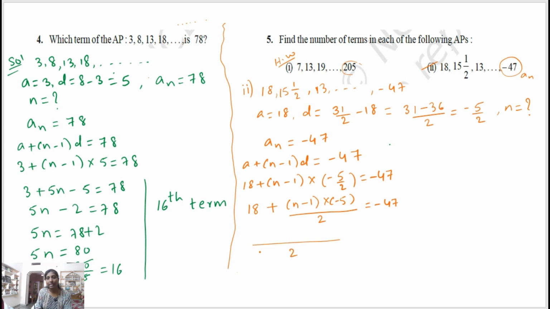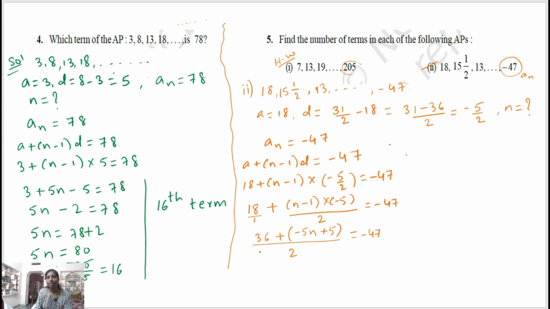Here in the denominator of 18, 1 is there, no? So 18 twos are 36 plus, now I am going to open this bracket. I am going to multiply n minus 1 and minus 5, so minus 5n plus 5. I have multiplied these two terms, n minus 1 and minus 5, equal to minus 47.